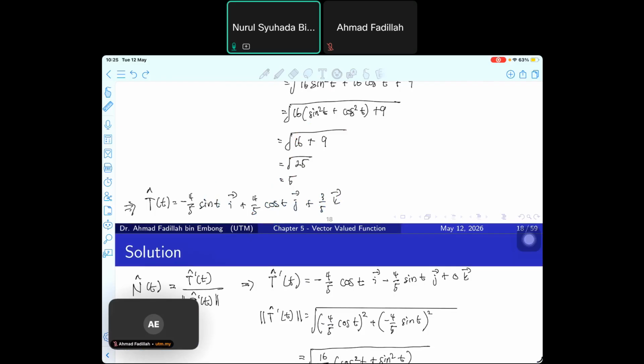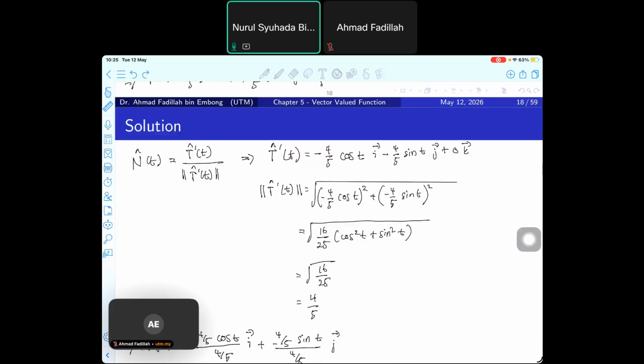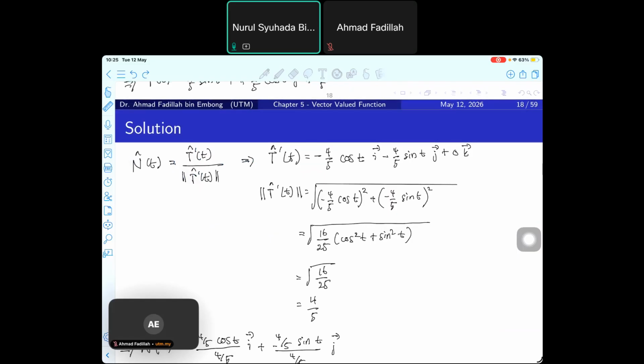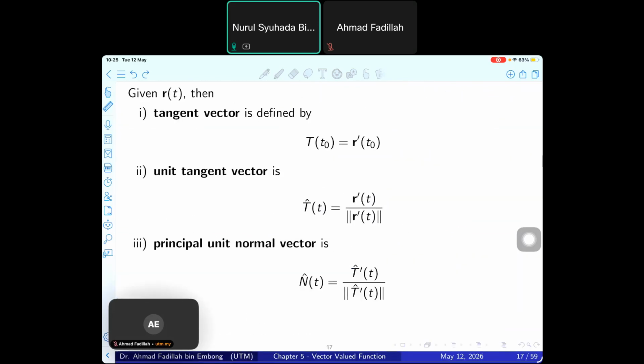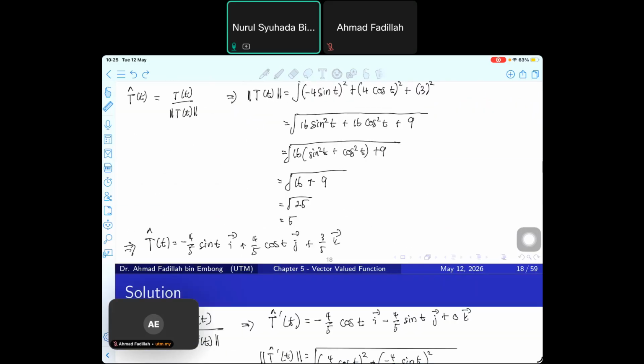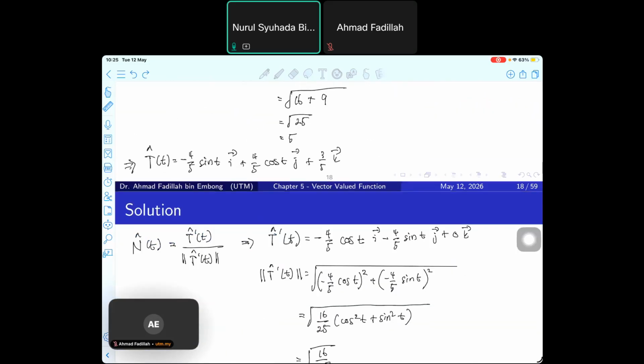Okay. Last one. In order to find the principal normal vector, this is the formula.